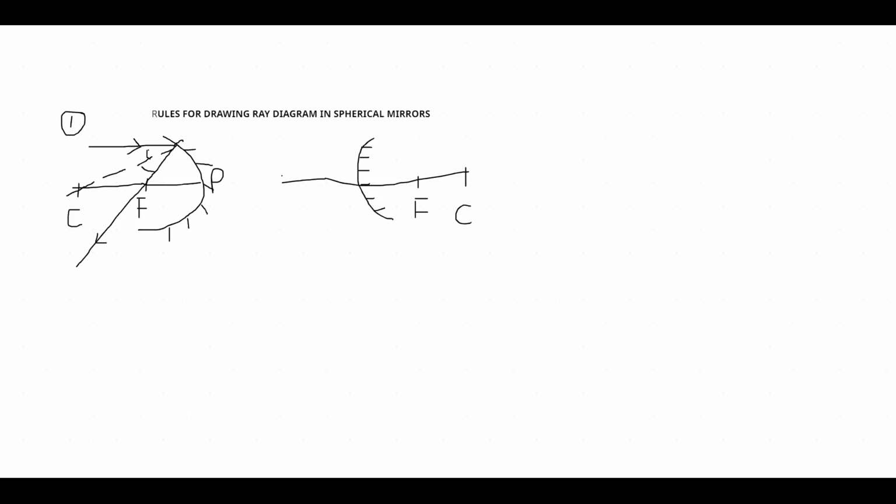So in a convex mirror, what happens? The ray is coming parallel to the principal axis like this. This is the pole. And it will be bounced back like this.